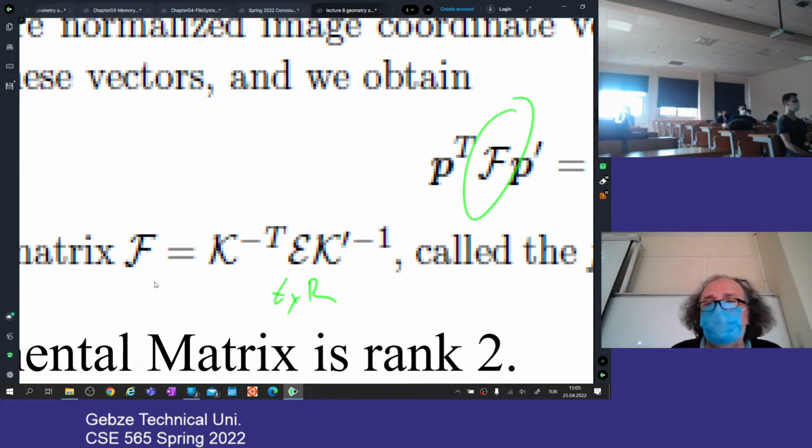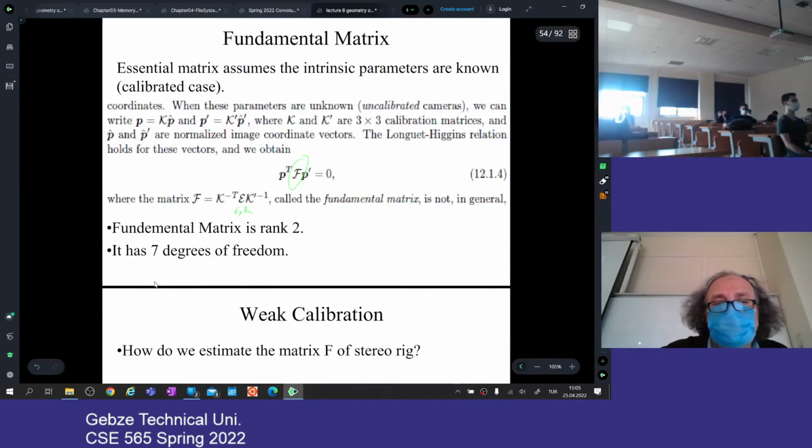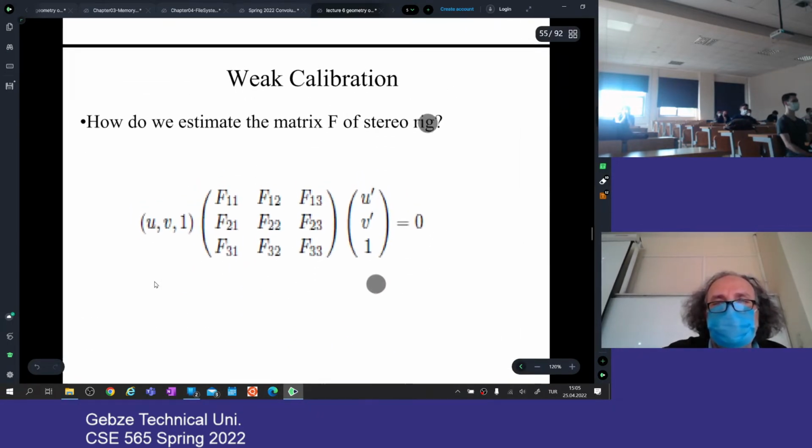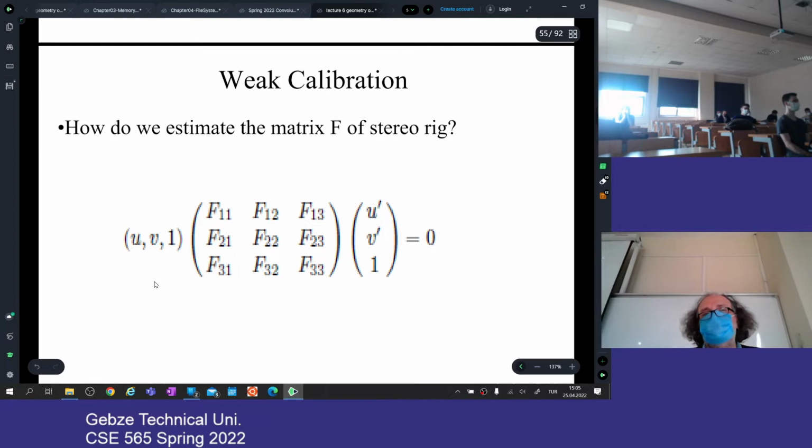But usually we don't do the camera calibration to calculate the F. Instead, we do weak calibration. Okay, so on my left image I have u, v, and since I'm in homogeneous coordinates I put a 1 in there. On my right image I have u prime, v prime, and I have put a 1 in there.